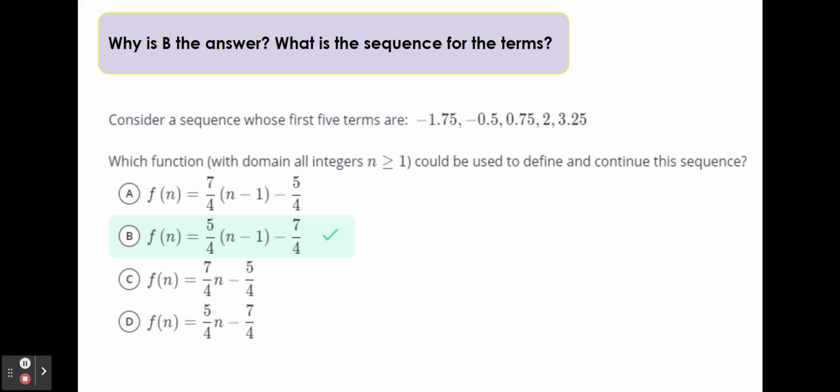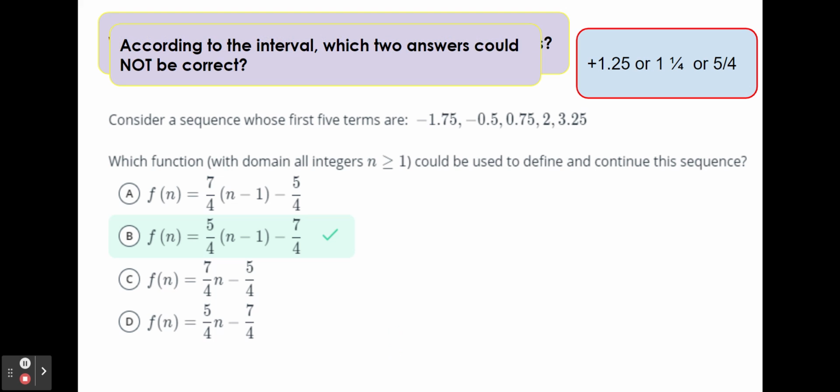Why is B the answer? A function of n equals 5 over 4 times n minus 1 minus 7 over 4. Why is that the answer? Our sequence is plus 1.25 or 1 1/4 or 5/4. All three of those things express the same number.